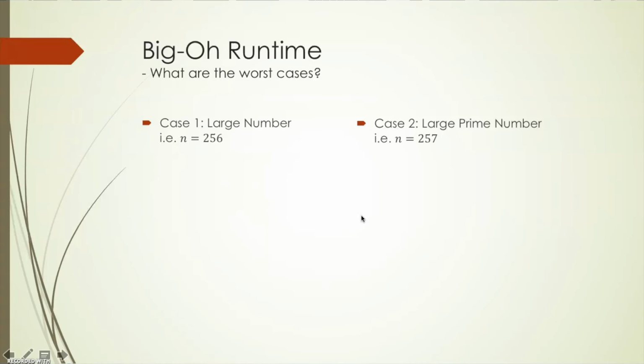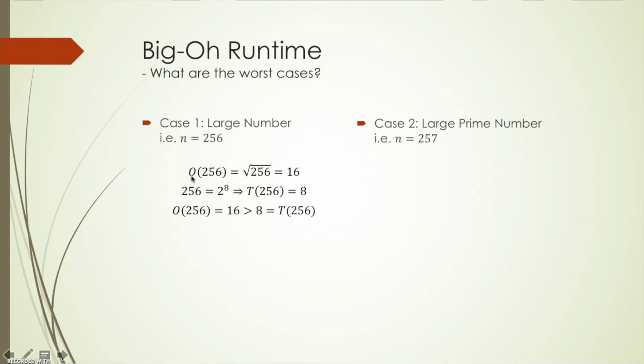So now let's consider the big O runtime. Here I have two cases. The first case I pick is n equals 256. So O of 256 equals square root of 256, which is 16. And the number 256 can be rewritten as 2 to the power of 8.